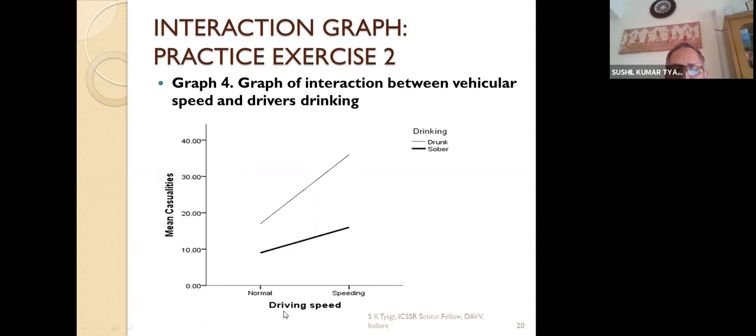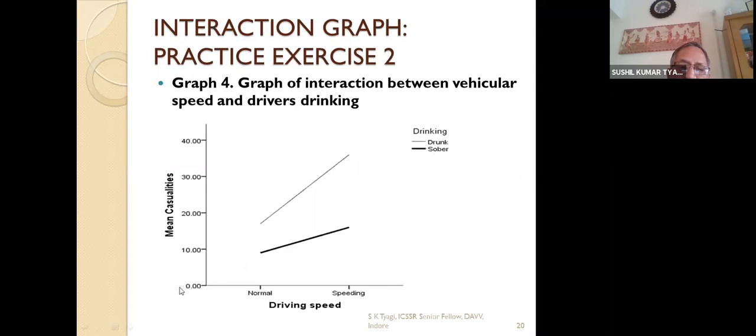We have two kinds of drivers, one who drives at normal, average speed, and another who drives at fast speed, speeding drivers, 80, 90, 100. Then two types of drivers, one who are always drunk while on wheels, and another who are sober. They do not drink while driving.